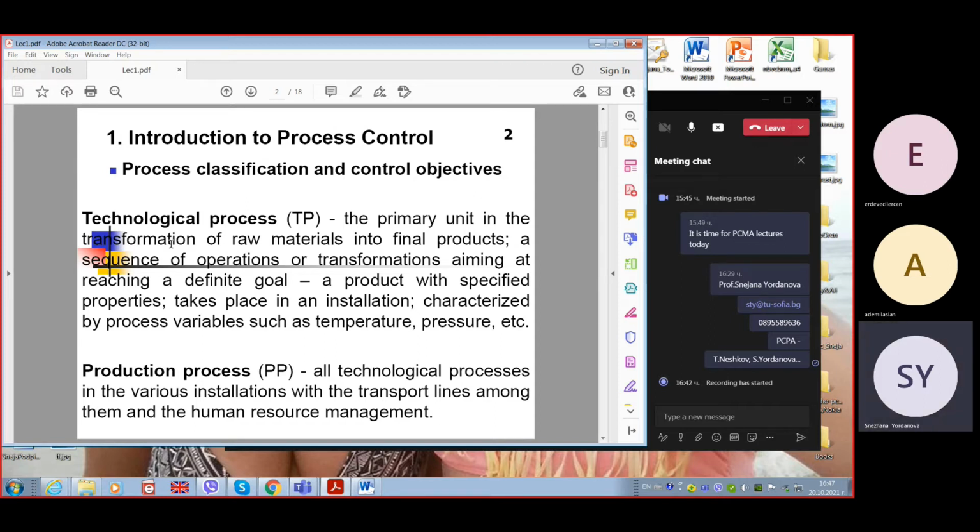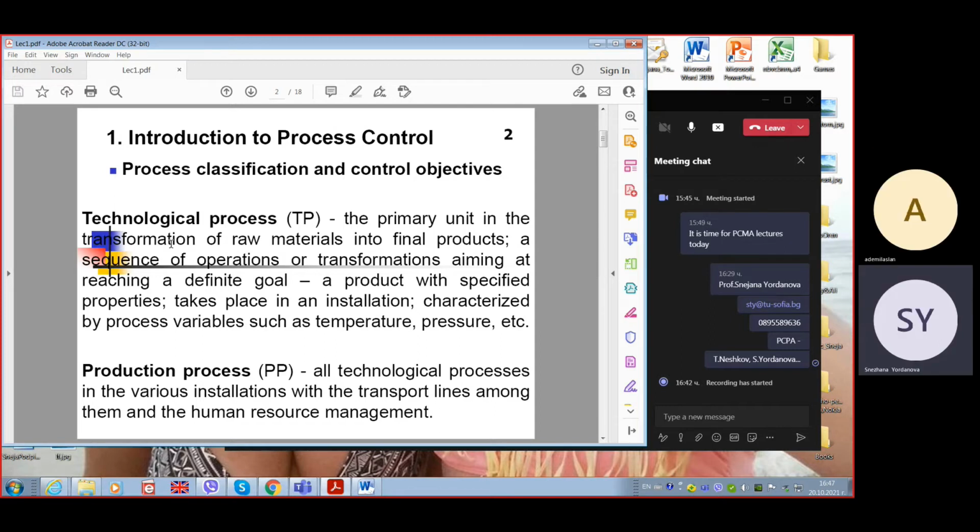So technological processes in a bigger sense are several when we produce the final product from the raw material. For instance, metal is first heated, then different forms are obtained, then it is cooled, then some of the forms are combined, assembled, and so on.